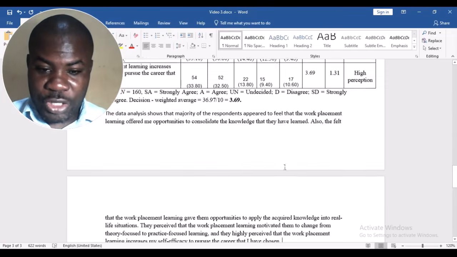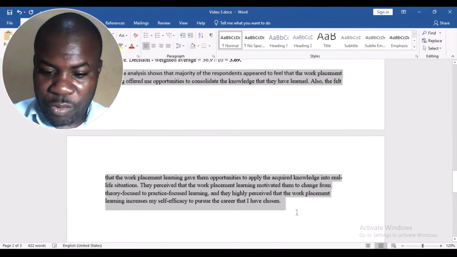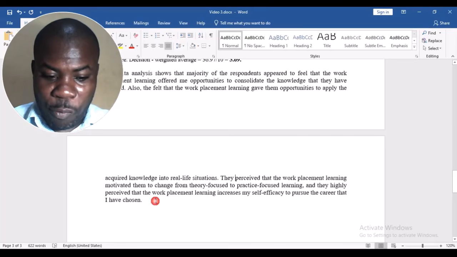So you can see I have used this to form a little paragraph here. And this is how you form your statement.